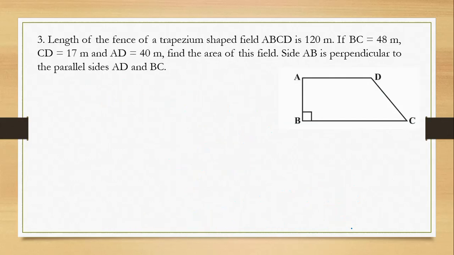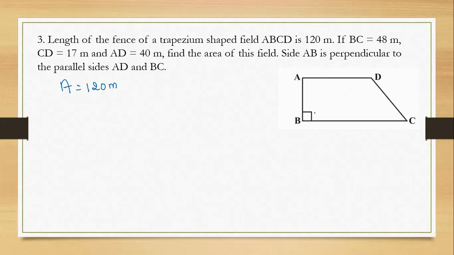Okay, next we move on to the next question, and this question is also based on the formula of trapezium, but here there is a little confusion. They have given the area of the trapezium as 120 meter square. So to confuse you, they gave the area also.